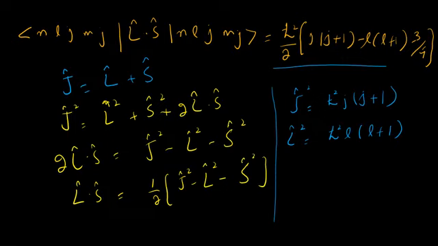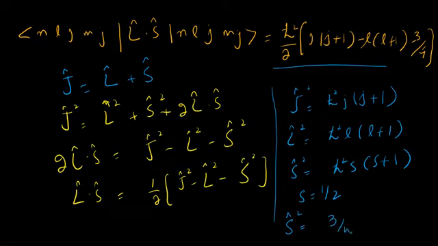And the eigenvalue of S squared is equal to ħ squared s(s plus 1). As the value of the spin is 1 by 2, the eigenvalue of S squared is 3 by 4 ħ squared.